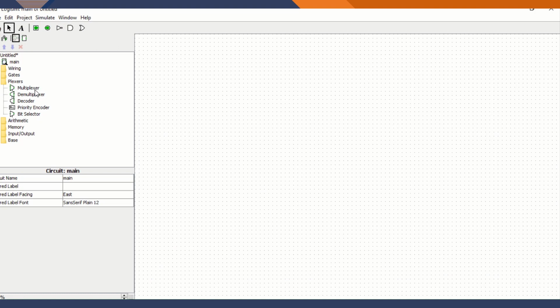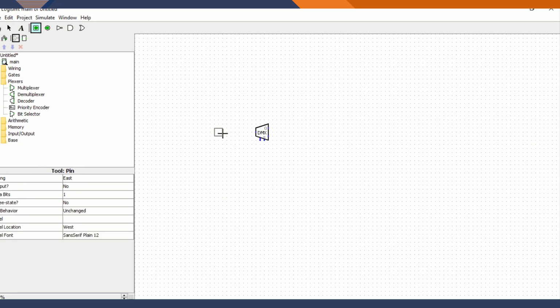Here I am using the demultiplexer. Here I put only one input and I will get two outputs. And I also put a select line input.